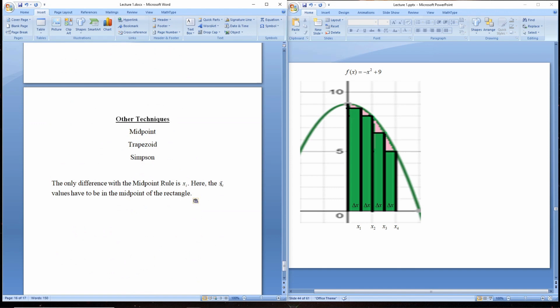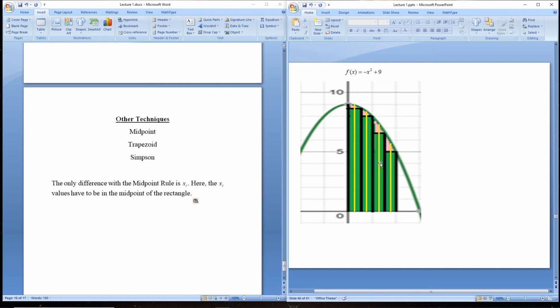Now, x sub i is going to be the values in the middle of the rectangle. So I'm going to try to draw that over here on the graph. So here's our left rectangle. Now the midpoint is going to split these rectangles in half. It's in the middle. So these yellow lines are going to be our new positions for midpoint.